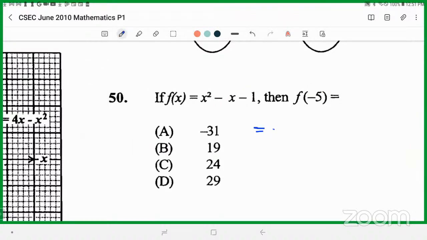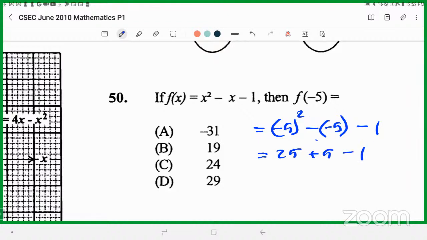It becomes equal to -5 squared, minus, careful, -5. x is -5, so I can bracket it, minus 1. This -5 squared becomes a positive 25. This minus becomes a +5. Minus 1. 30 minus 1 is 29. The answer is 29. Answer is D.